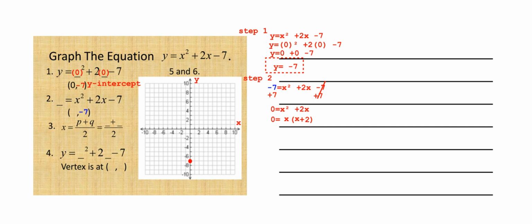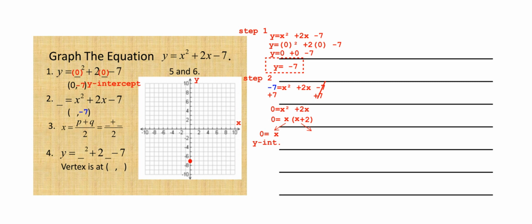Can't factor anything else. So now I can split them up and solve using the zero factor property, meaning we set each factor equal to 0 individually. So 0 equals x, and keep in mind, that's our y-intercept which we previously solved for in step number 1. We don't need to do anything with that.